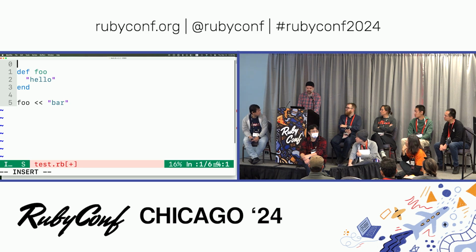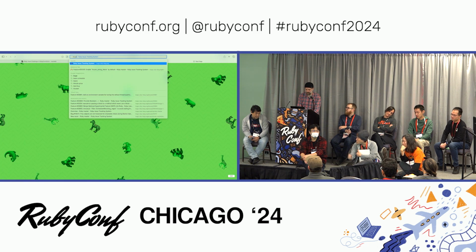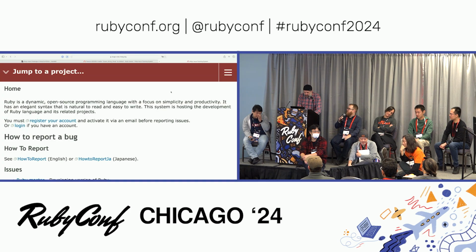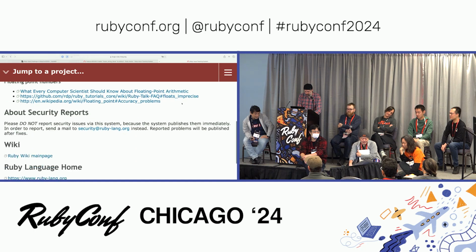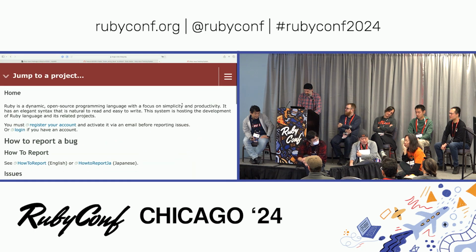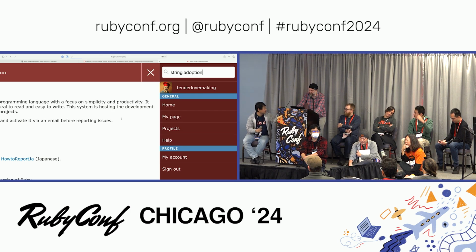Yeah, I think we should do that one. Maybe let me try to find the ticket. The string adoption? Yeah, string adoption. How do I search this thing? I haven't written the answer yet to that issue, but I don't like the name adopt.